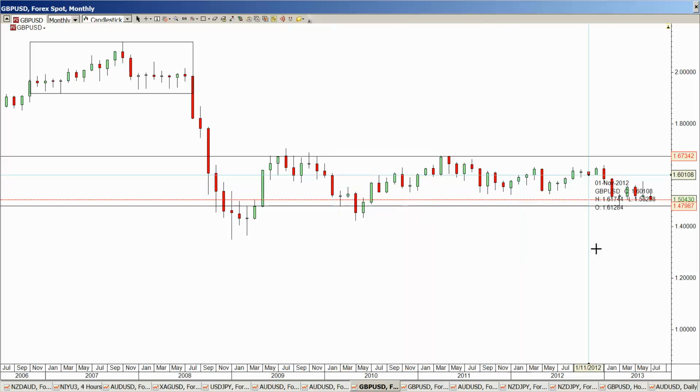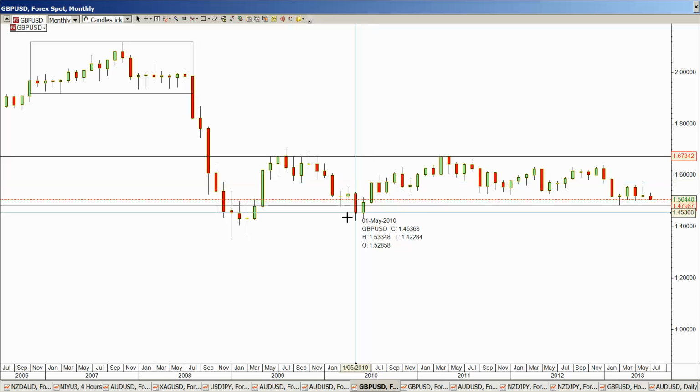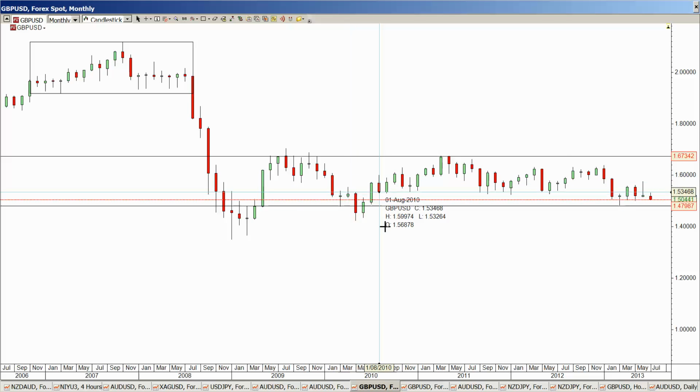So to be certain, we're waiting for the break of that candle there. If we do break that candle, these two are outliers in terms of the range, or you could decide to go from this candle here, in which case you're looking at a range from mid-2010 to mid-2013, whichever way you want to do it. Once we've broken out of this range on the downside, I'm expecting it to continue.